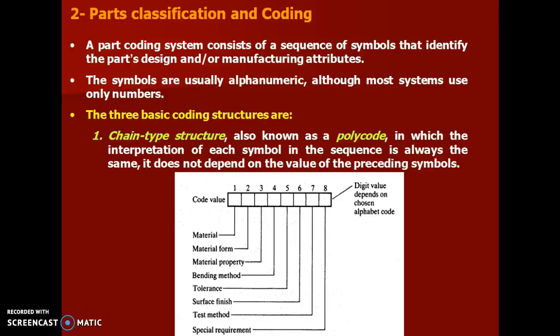It does not depend on the value of the preceding symbol. You can see here code value 1 will always say something about the material. Similarly, code value 7 will indicate the test method which is used there, irrespective of the value of 6.